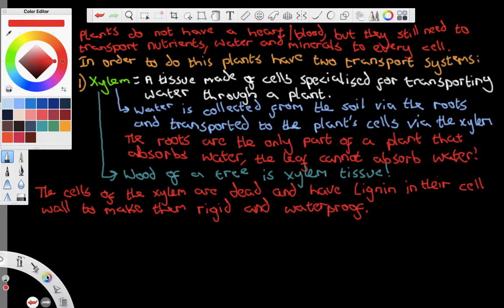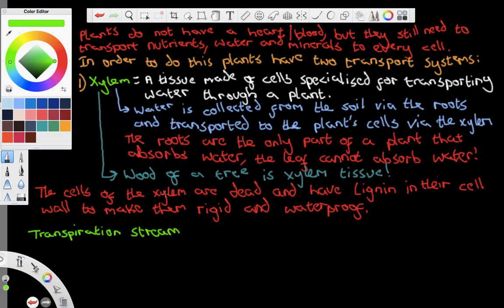Now, the movement of water through the xylem is known as a transpiration stream. So transpiration stream.